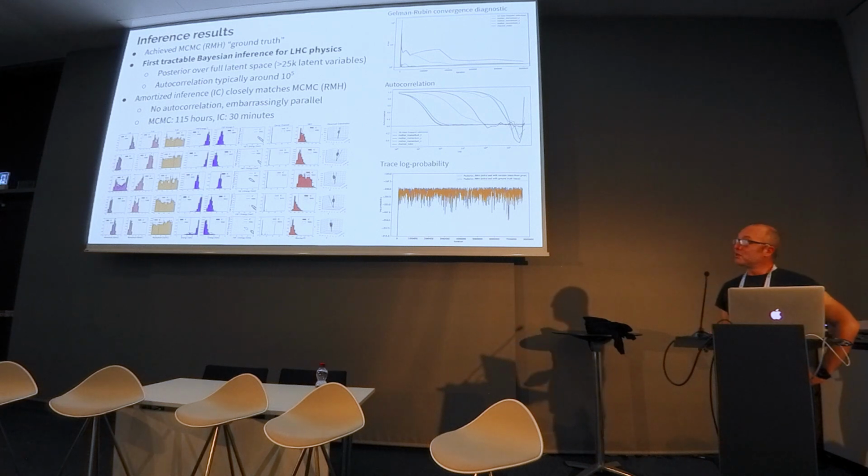Using this amortized inference scheme, in one example that we have in the paper, we got like a 200 times speedup. In the paper, we had an MCMC baseline result that took 115 hours to get. We trained that neural network, and we got the same comparable result in 30 minutes.